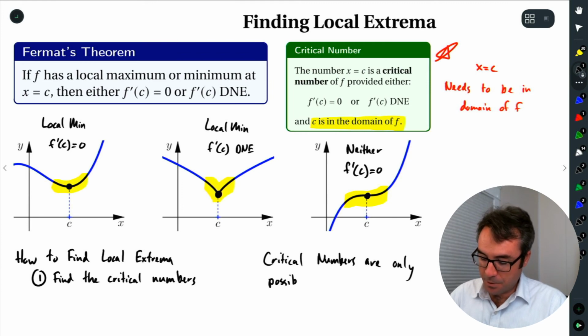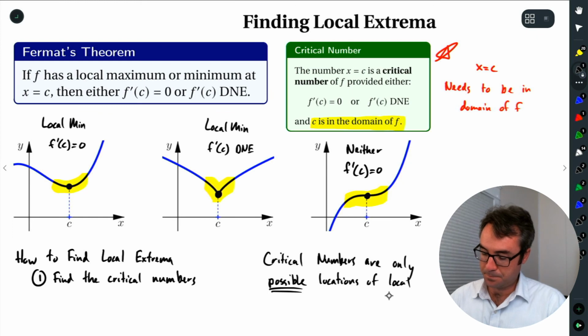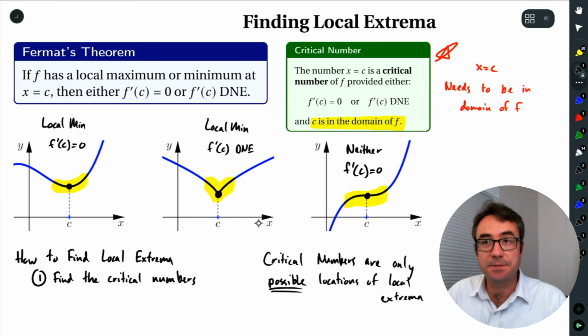So the key word there is possible. So the critical numbers are only possible locations. Might be a min, might be a max, it might be neither.